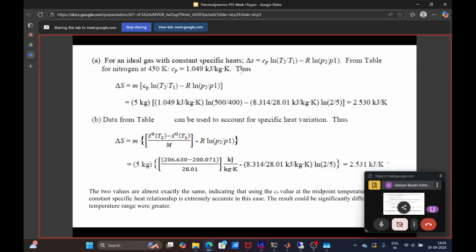So the change in entropy for ideal gas behavior and constant Cp reduces to delta S equals Cp ln T2 by T1 minus R ln P2 by P1. It's a simple equation which we got from one T dS relation, T dS equals dH minus V dP, and then assuming Pv equals RT for ideal gas behavior.